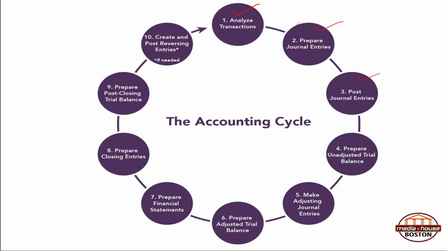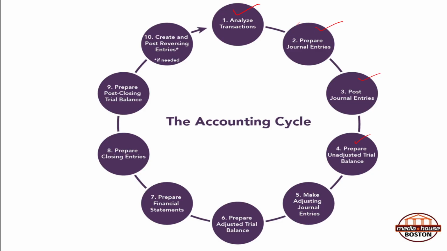Post journal entries are a type of transaction that occurs at the end of the month once everything has been recorded. And then we have to prepare what we call an unadjusted trial balance.